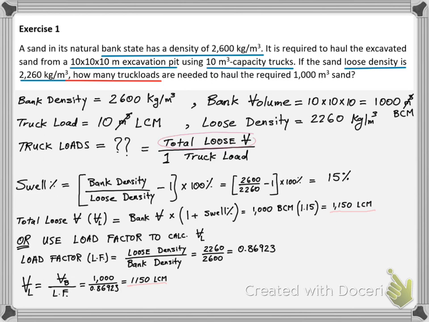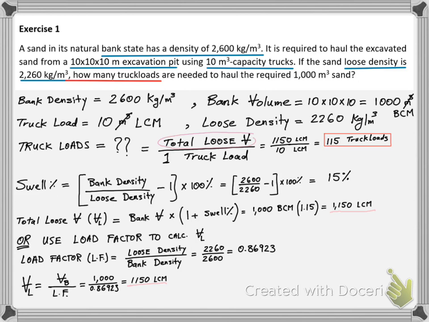Either way will give you this VL, loose volume. So now we have VL, total loose volume, divided by the truckload. That will give us 115 truckloads, and that will be the end of this problem or this exercise.